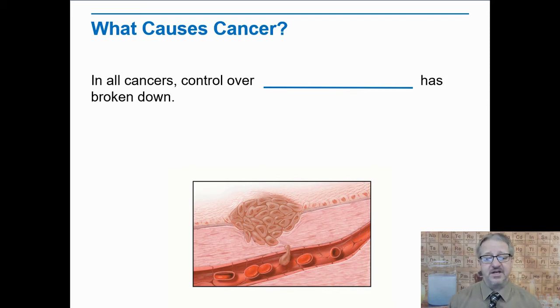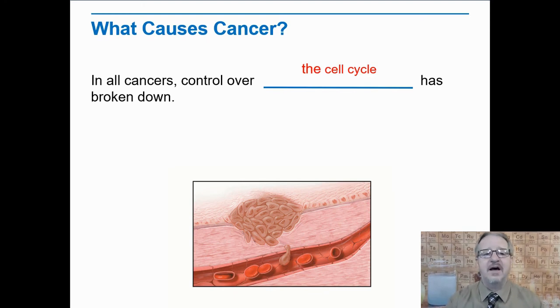So the defects in these genes can be caused by things like, I said before, tobacco use, exposure to radiation. That could be radiation from the sun or radiation from nuclear waste. It could be other defective genes in the cell, and it can even be caused by viral infections.